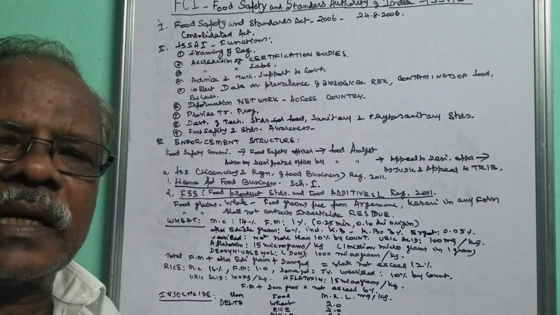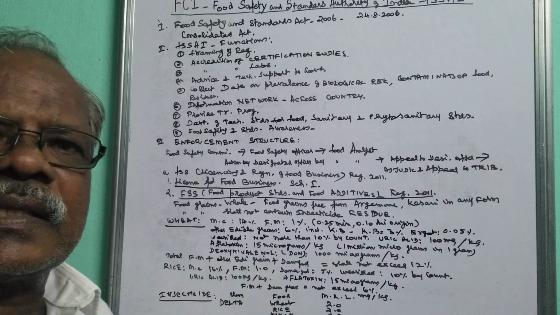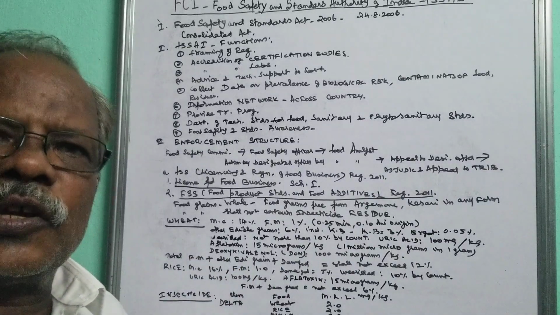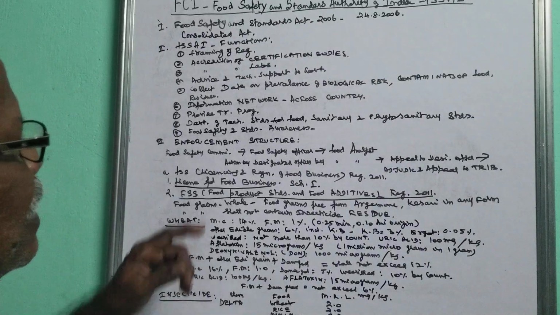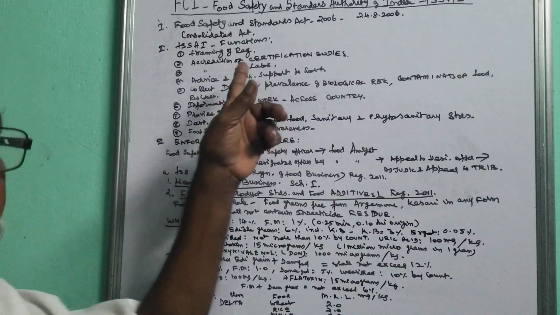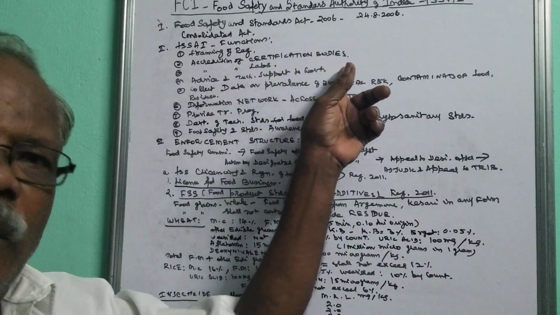On getting accreditation, the fairness, goodness and accuracy of the lab can be ascertained. That is accreditation of labs to ascertain food safety and food quality.